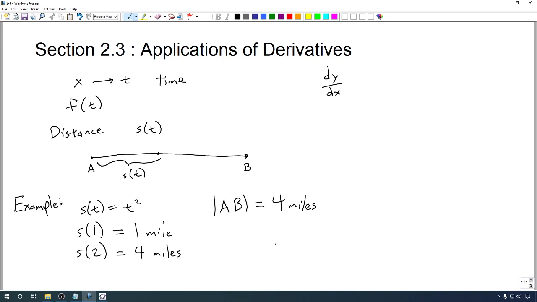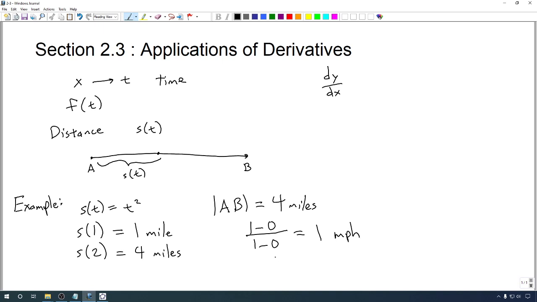Well, over the first hour, we went 1 mile from the 0 miles that we started with. So if we started at A, that was at time t equals 0, and we had gone 0 miles at that point. But then by the time t equals 1, after 1 hour, we've gone a distance of 1 mile. So 1 mile minus 0 miles over 1 hour minus 0 hours, and we have 1 mile per hour.